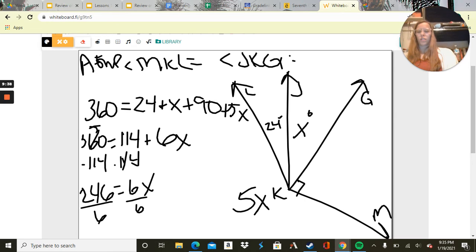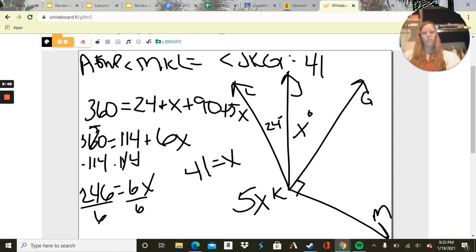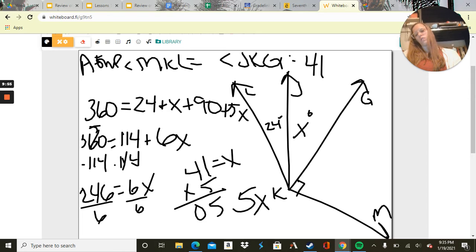Divide by 6. 6 goes into 24 4 times, into 6 once. So x equals 41. So we know angle JKG is 41 degrees. 5 times 41 is 205. So angle MKL is 205 degrees.